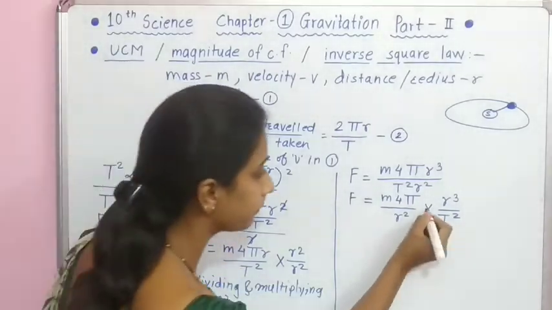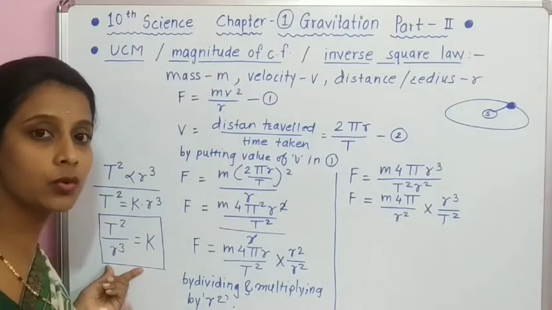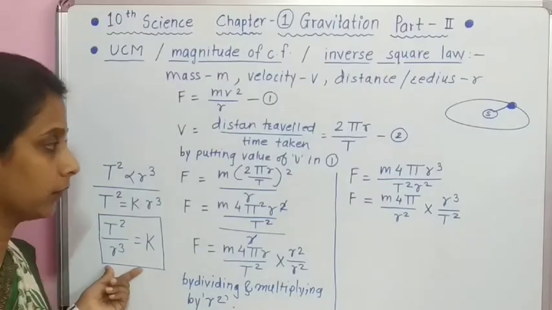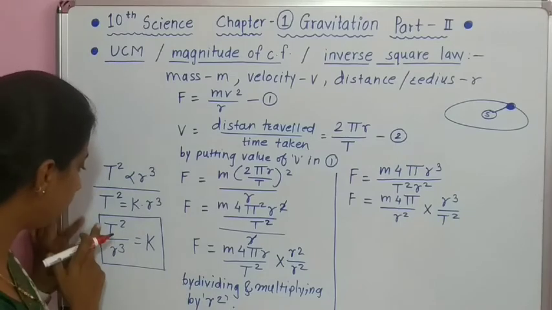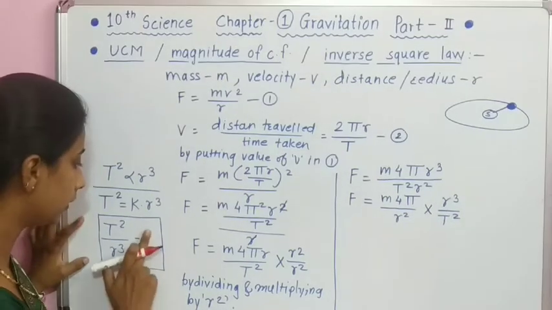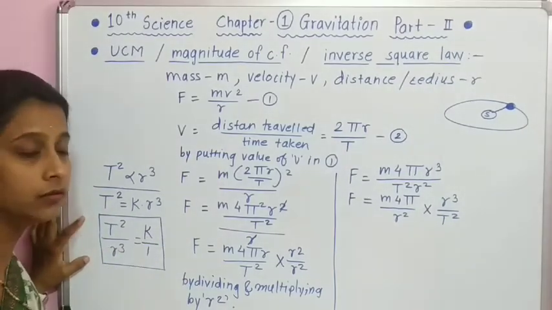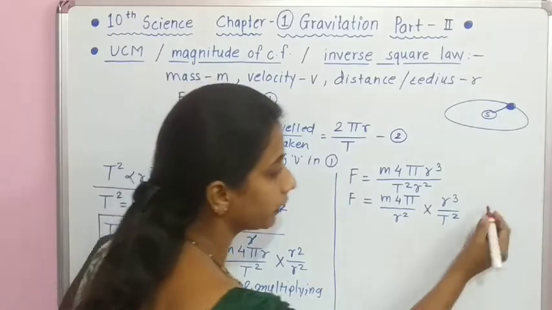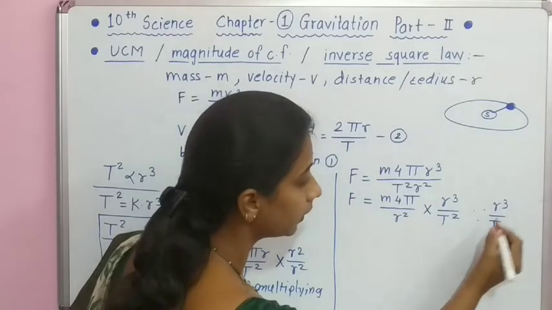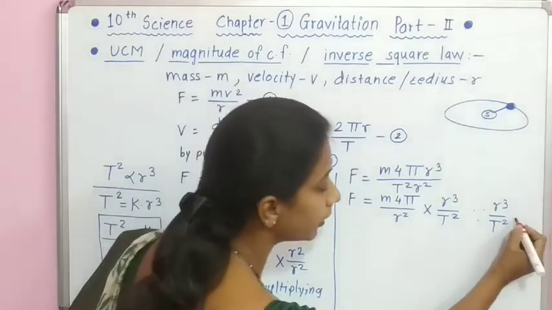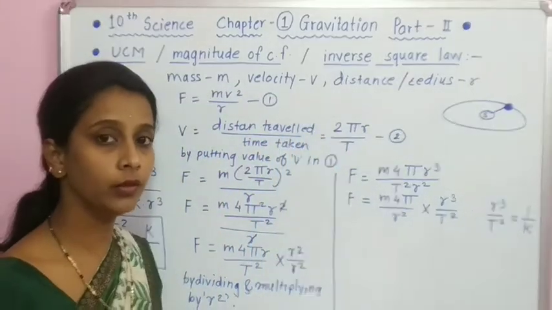Now students, if we see this, it is totally inverse to Kepler's third law. According to Kepler's third law, we know that T square upon r cube is k, meaning k upon 1. So this term, r cube upon T square, is 1 upon k.